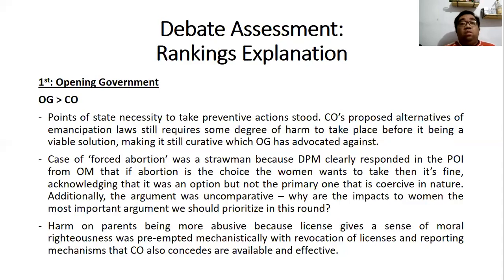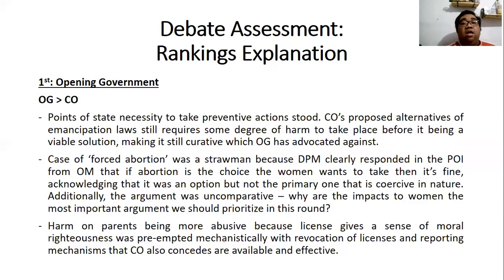Closing opposition had proposed alternatives of emancipation laws, but we felt that that was not addressing the issue well, because it still requires some degree of harm to take place before it being a viable solution, i.e., someone would need to experience a certain trauma or abuse or injury before they can decide if they want to be emancipated from their parents or their legal guardians.